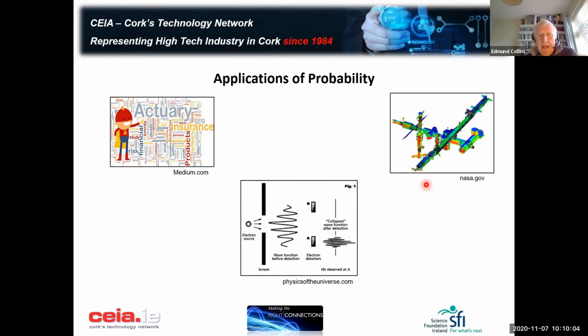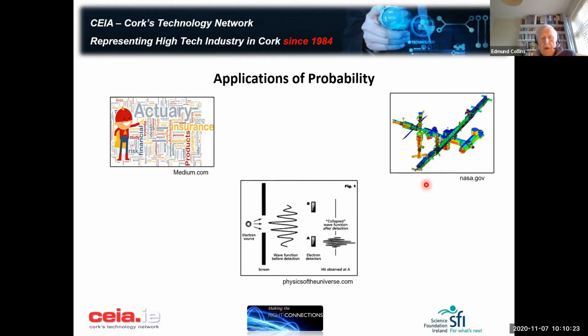And then finally, the last image is related to quantum mechanics, and probability is used in that field of study. It's a relatively new field, about 100 years old, obviously.